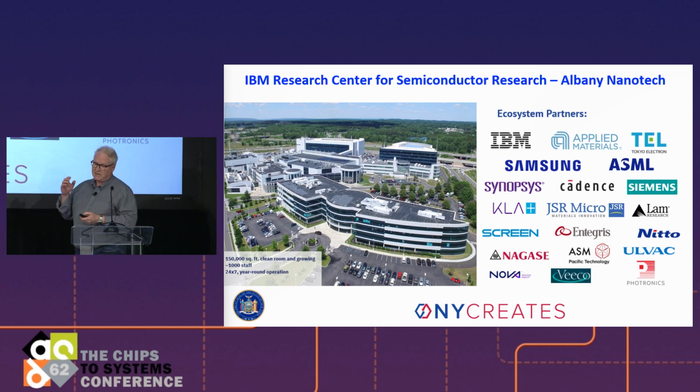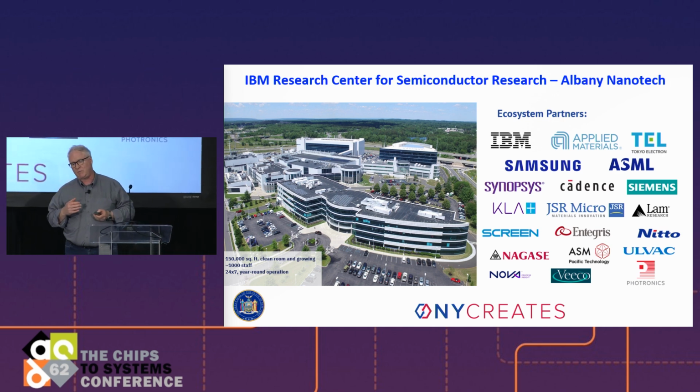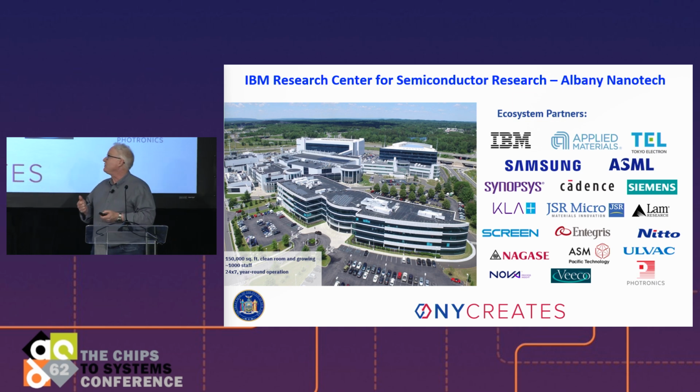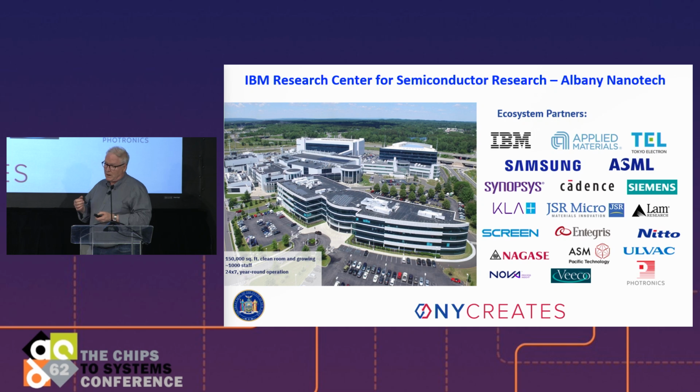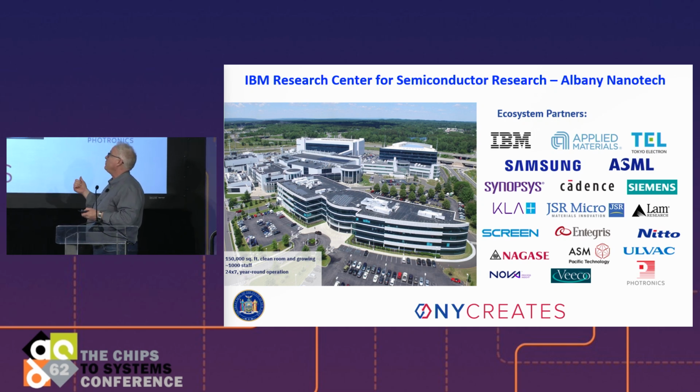One of the other things that is also unique from an IBM perspective is we are still in the business of developing advanced device types, new processes, and we have an enormous partner ecosystem in our Albany, New York facility with New York Creates. So today in this facility, we're expanding to high-NA EUV. We have traditional EUV.